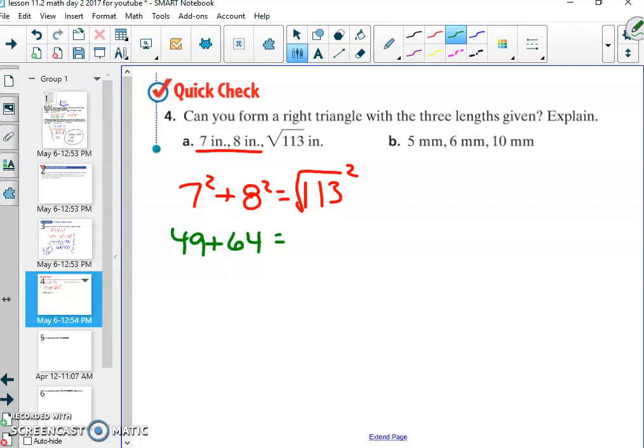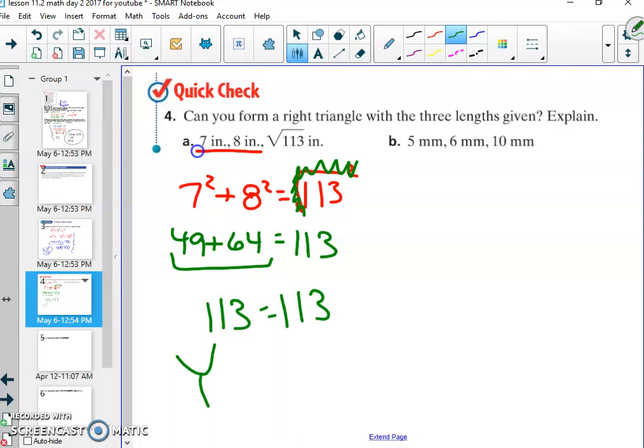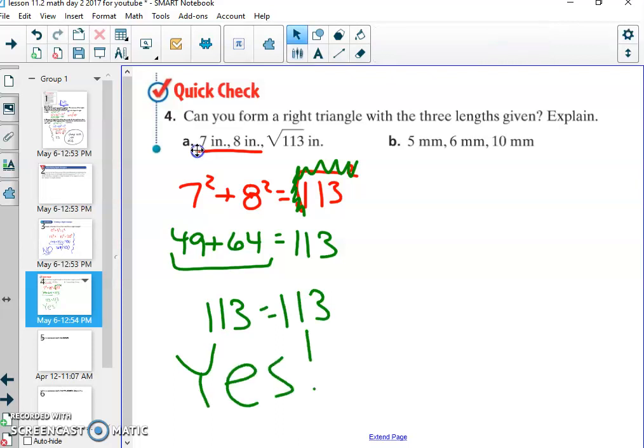Now, some of you grab a calculator right away. You don't need a calculator for this. The square root of 113 squared, remember, square root and squared undo each other. So that just gives me 113. And when I add these two together, I do get 113. And 113 does equal 113. So yes, that will make a right triangle.